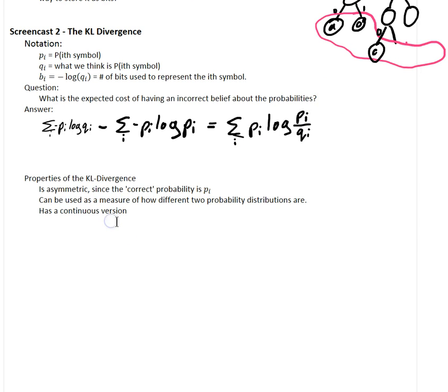So let's talk about entropy first. Entropy is equal to the negative sum over i of p_i log p_i. And so the smaller p_i gets, the bigger this part gets in size, right?